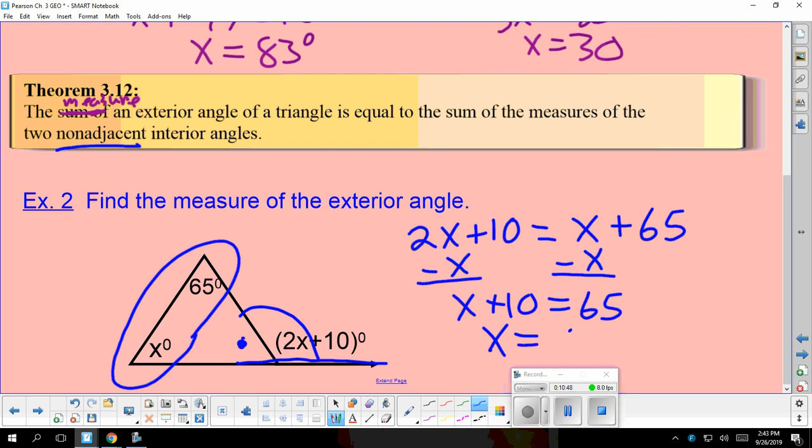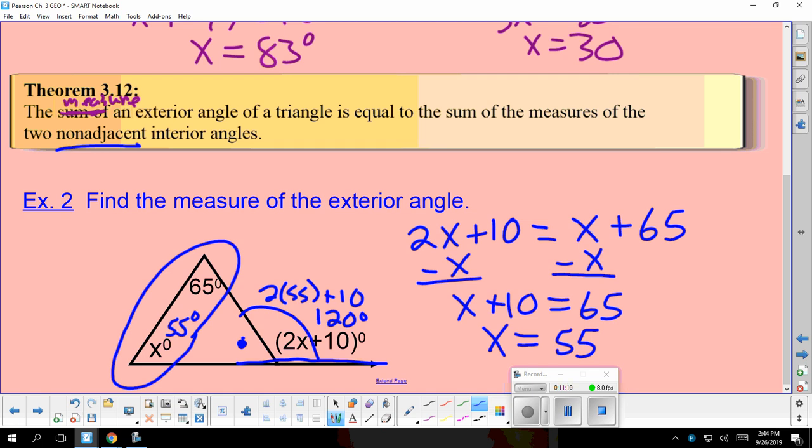X equals 55. So now I can find the measures of each of these. So this is 55 degrees right here. And then 2 times 55 plus 10 down here. This is going to be 120 degrees. So this outside angle is going to equal the sum of those.